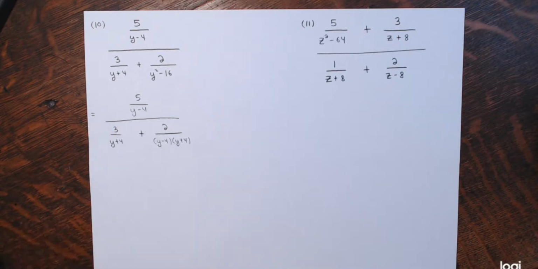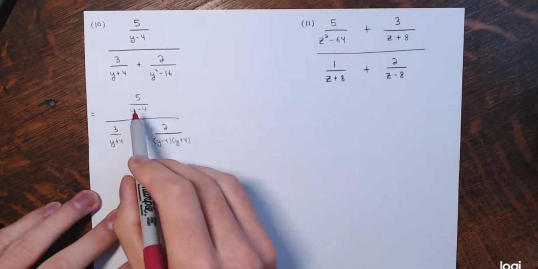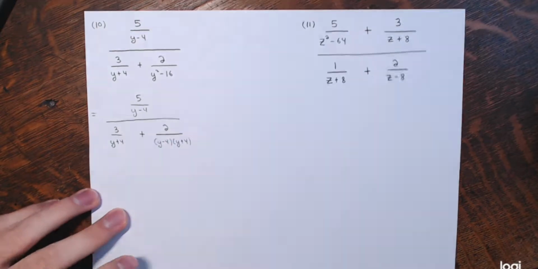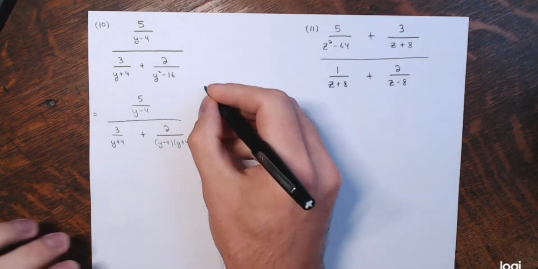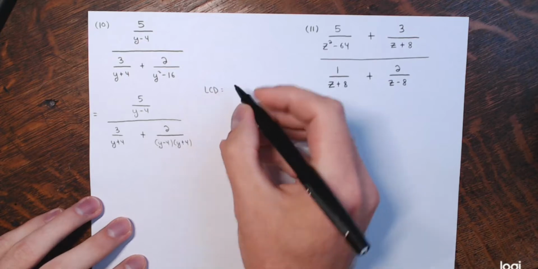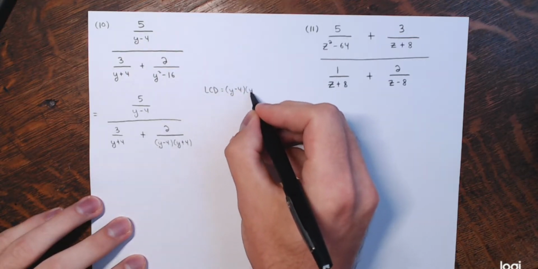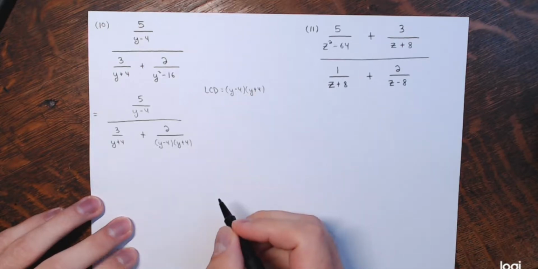Right, so I'm hoping that you see, looking at these denominators, that the LCD is just y minus 4 times y plus 4, or y squared minus 16.